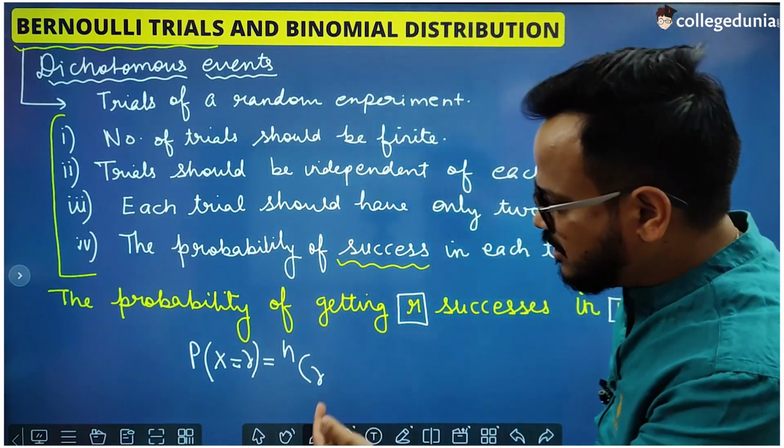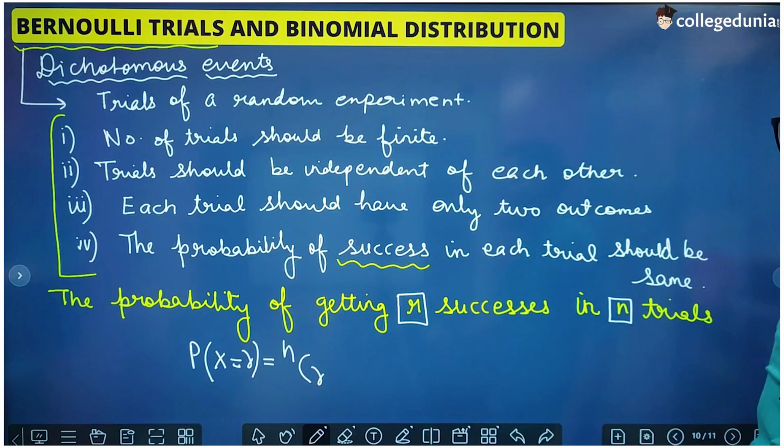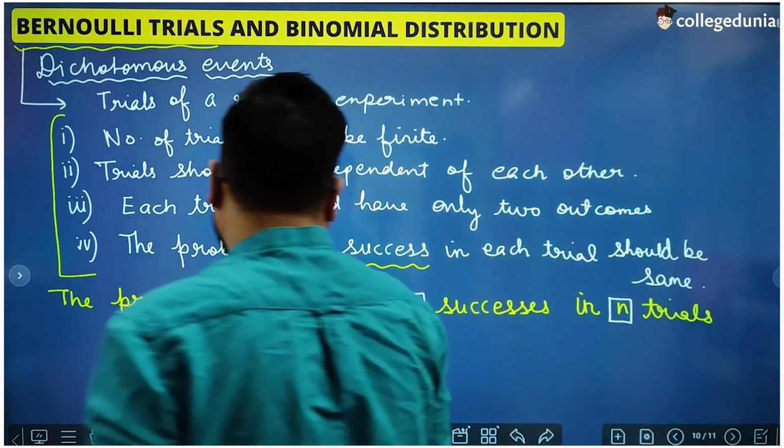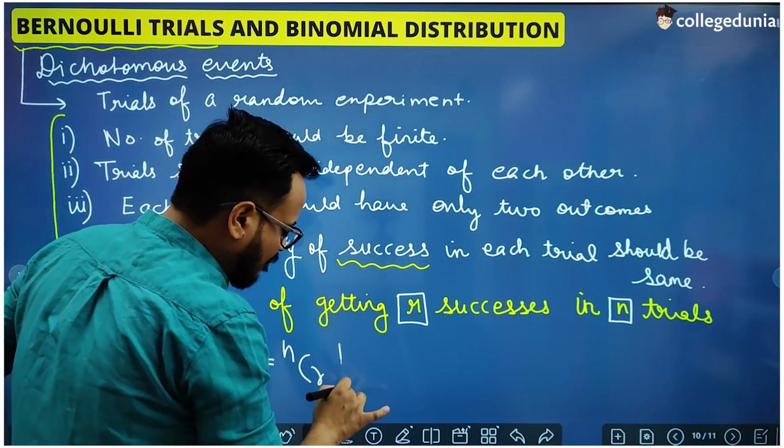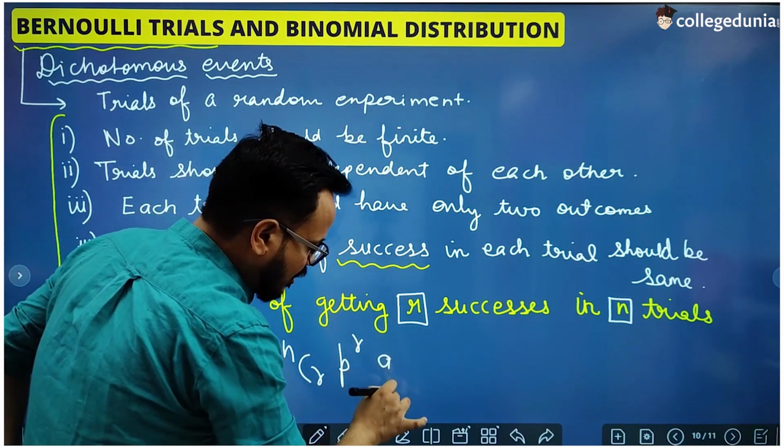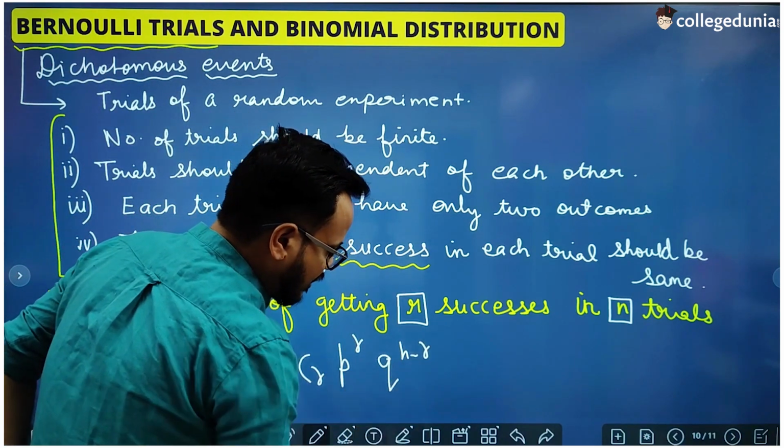So we are saying that X should have value r, so we should get r successes: nCr p raised to power r, q raised to power n minus r.